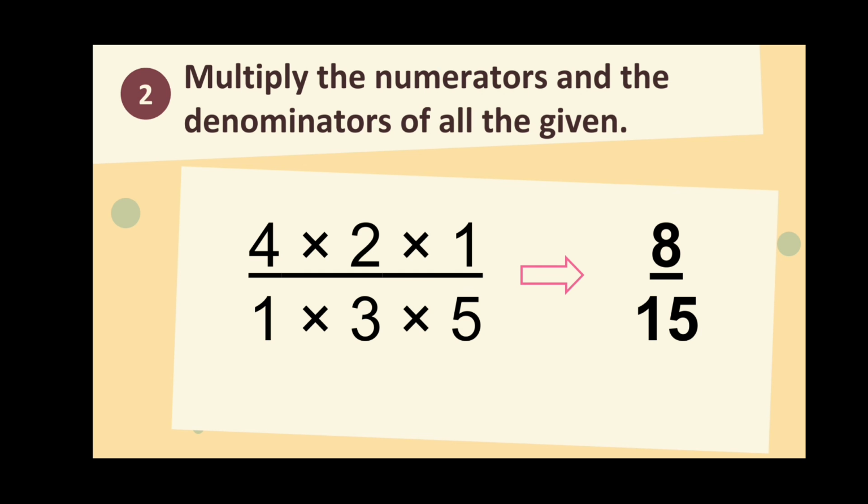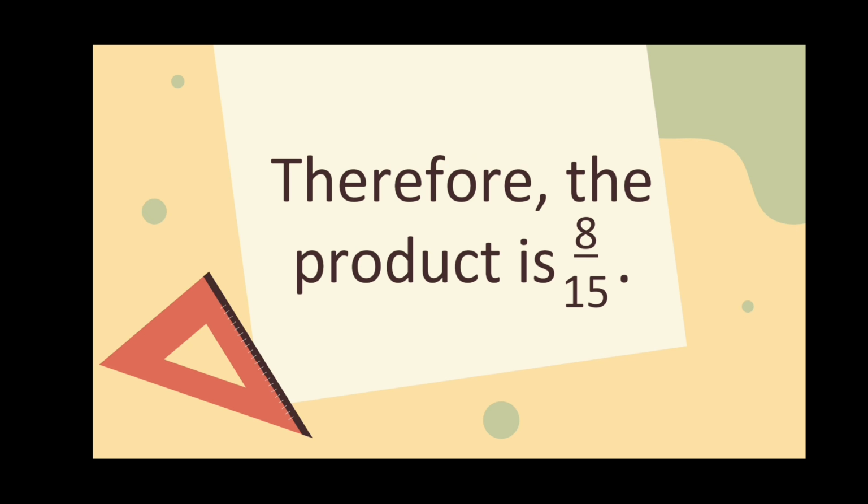Now, ang 8 over 15 ba ay naka-lowest term na? Yes, very good. Dahil ang kanilang greatest common factor ay 1 na lang. So therefore, ito na ang ating final answer. Hindi na natin siya kailangang i-reduce pa sa lowest term dahil naka-lowest term na siya. Okay? Therefore, the product is 8/15.